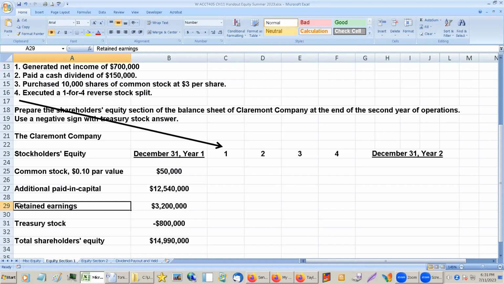Thinking back to our retained earnings statement, did we add income or subtract it? Net income we added. So we're going to add net income to retained earnings. Dividends we subtracted from retained earnings.